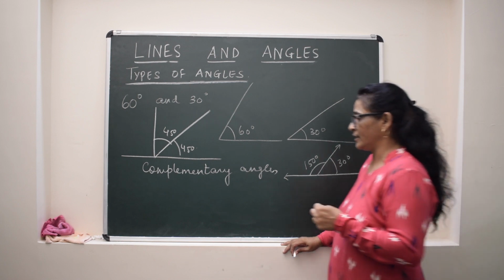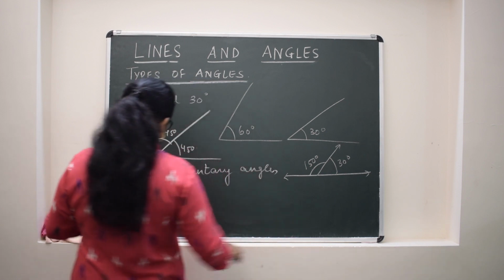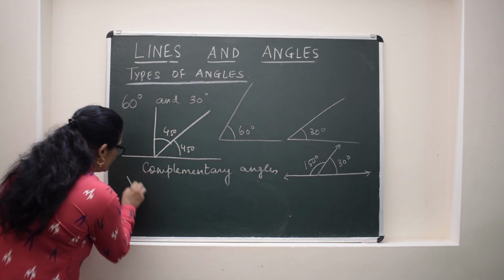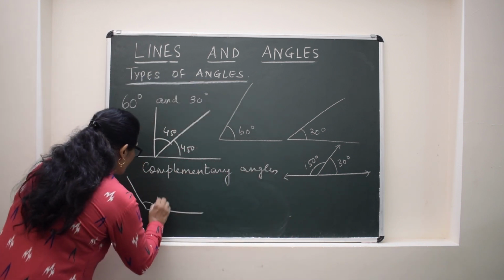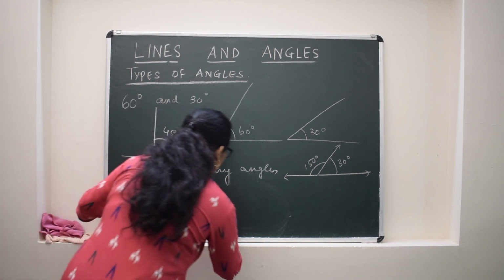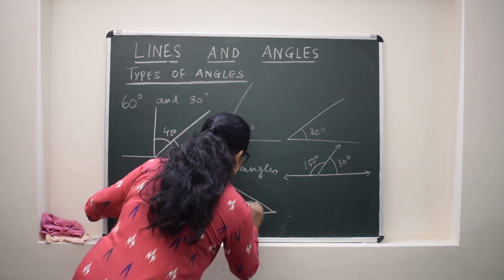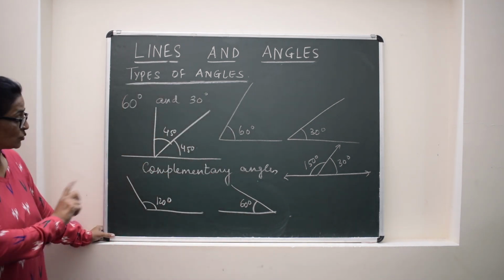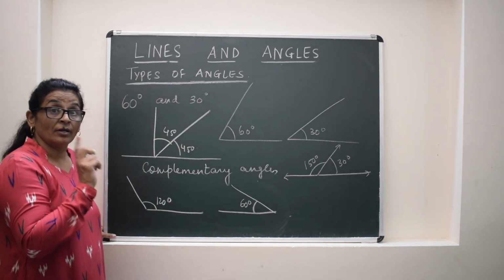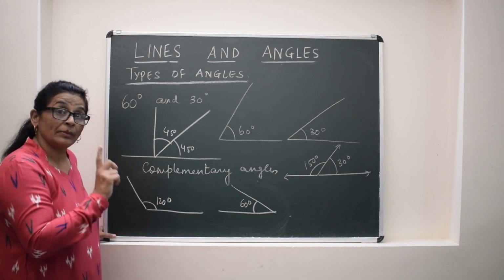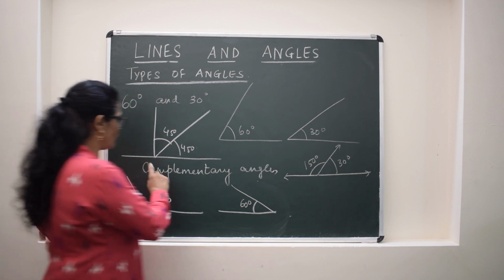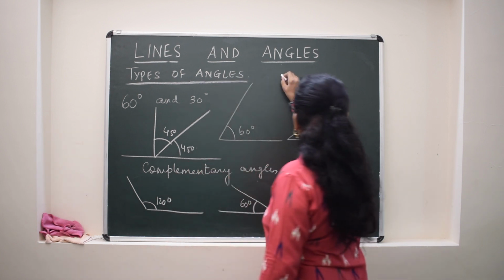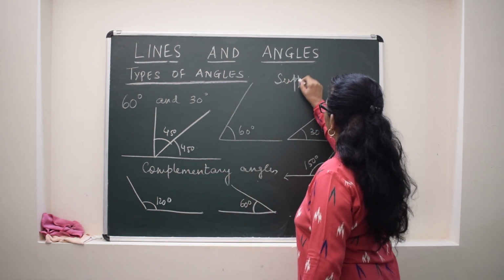Or if we take 120 degrees and another angle of 60 degrees, they are separate, but these two form a sum of 180 degrees, so they are supplementary to each other. Like this, the first is complementary and the second type is supplementary.